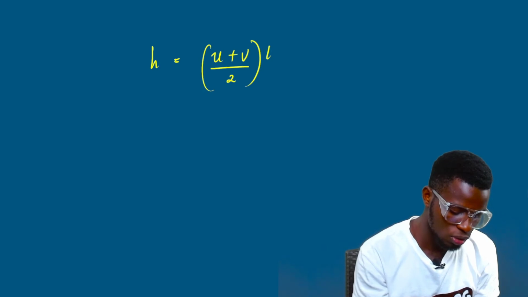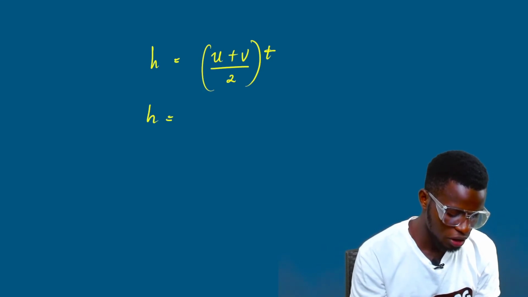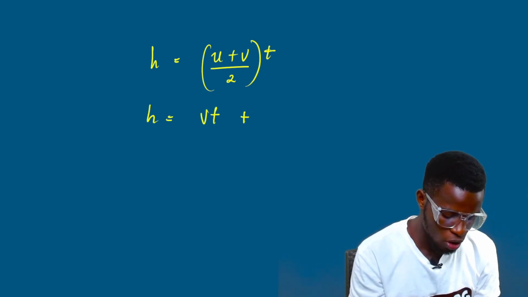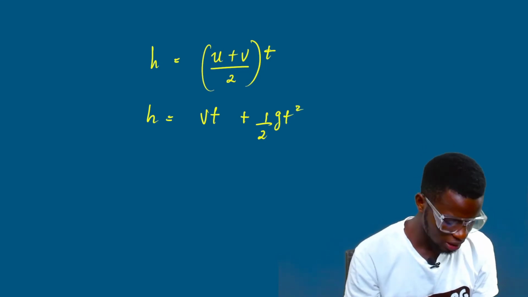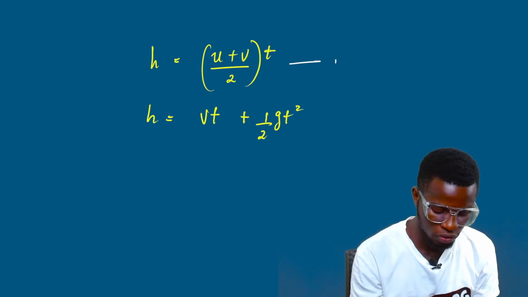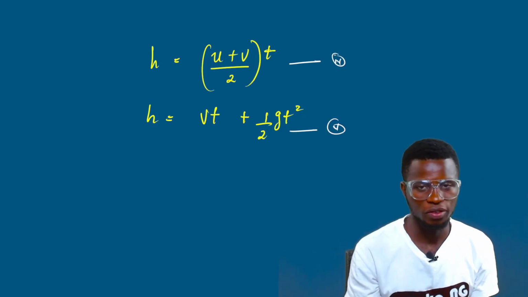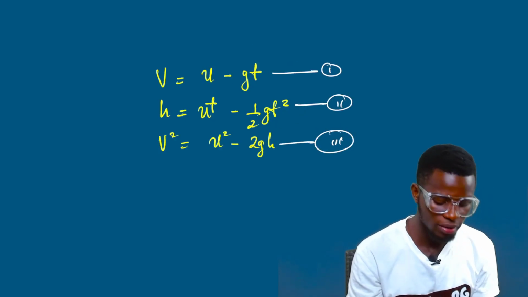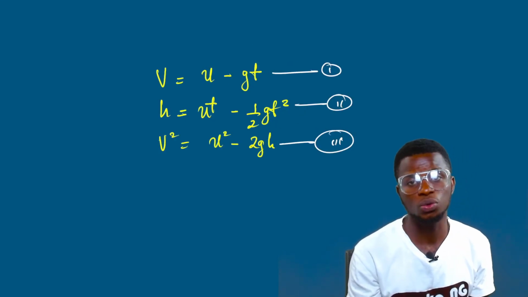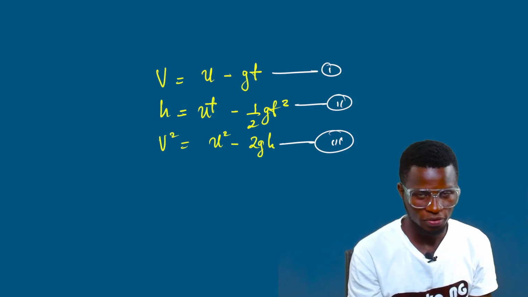The other equations are h equals u plus v all over 2 into t, and h equals vt plus half gt squared. So we can call these equation 4 and equation 5. But mind you, these are the three basic equations we use under free fall.